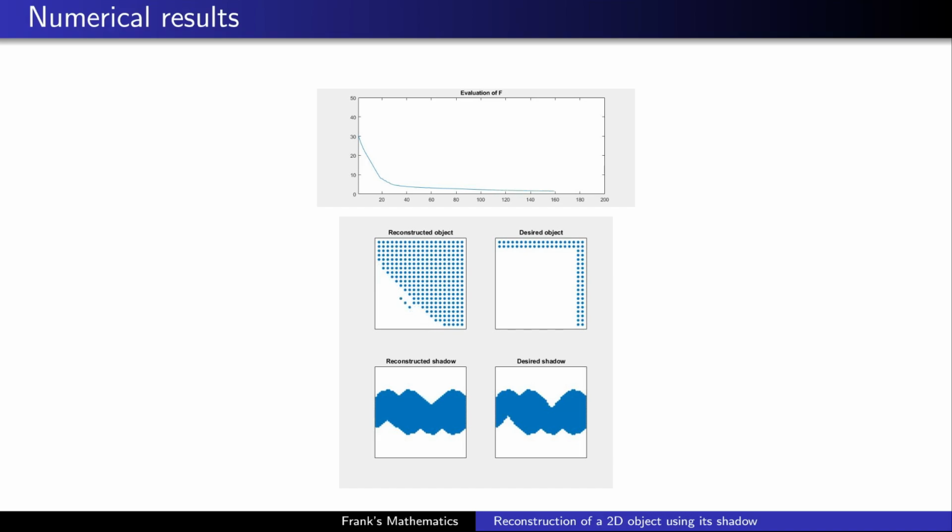We cannot expect to reconstruct the L-shaped form because this is a non-convex object, and if you just imagine, there's no way you can reconstruct this. But the algorithm itself is trying to recreate this triangle, which can be interpreted as the convex hull of this L-shaped form. But even in that case, the algorithm is getting closer to the best possible result.